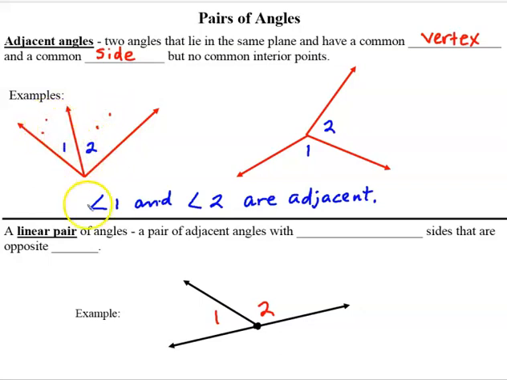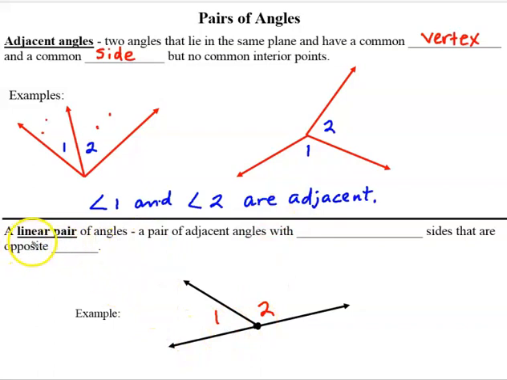These would be interior points for angle 1. And so no common interior points between those two angles. And here's another example. Notice they share the same vertex. They share a common side, but they do not share interior points.